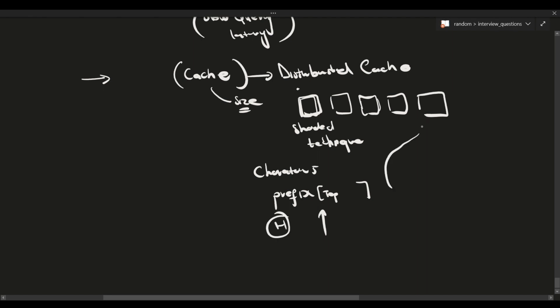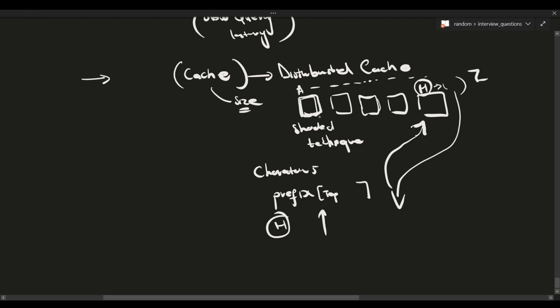Let's say all the words that start with H are in this shard here, all the prefixes are going to be inside here. So we can then return all the data to you. We can shard based on the alphabet, from A to Z.